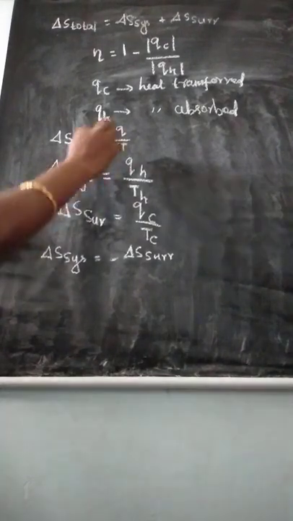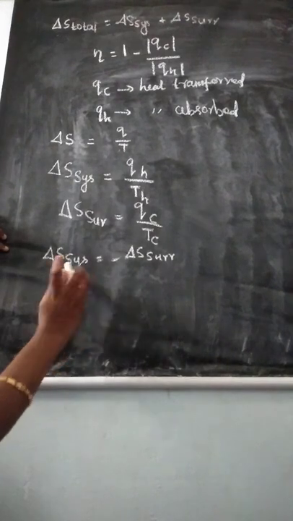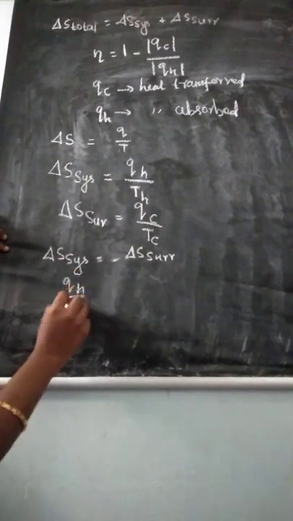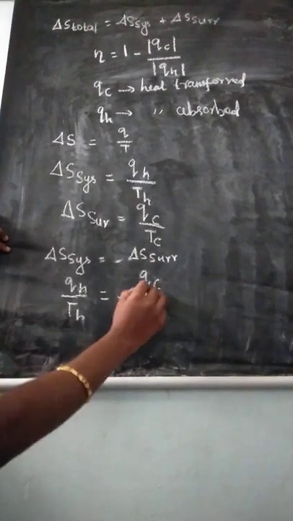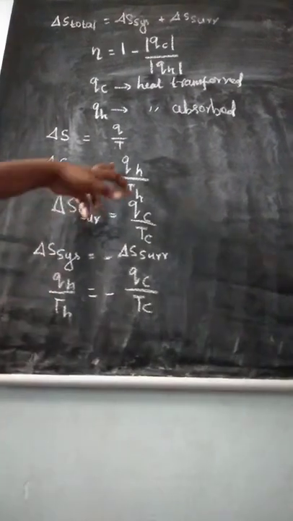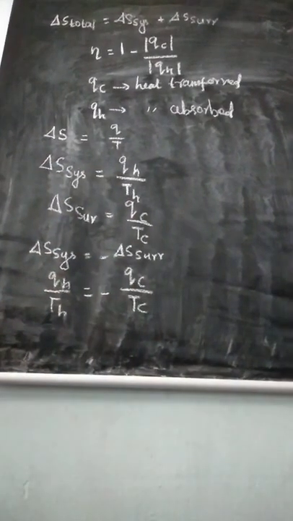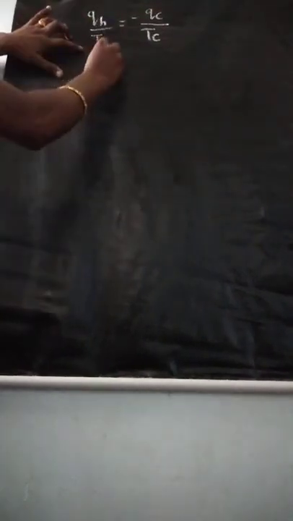So QH divided by TH is equal to minus QC divided by TC. Let's substitute the delta S system value and delta S surroundings value. Understand? Listen. In this equation, take the temperature terms on one side and the Q terms on the other side. Take TC this side and QH to the right side.